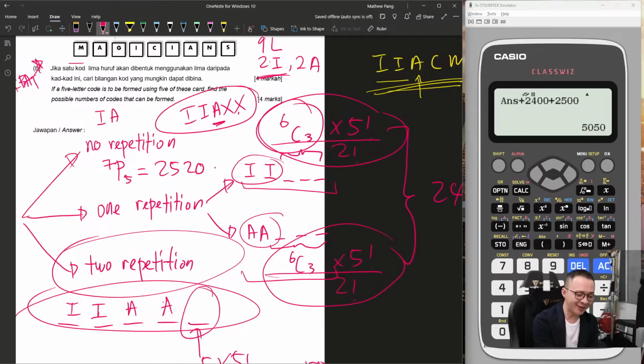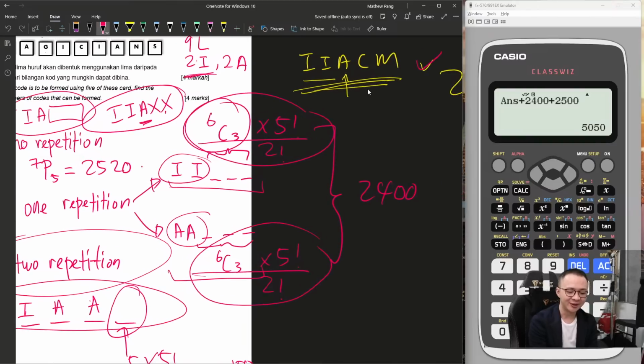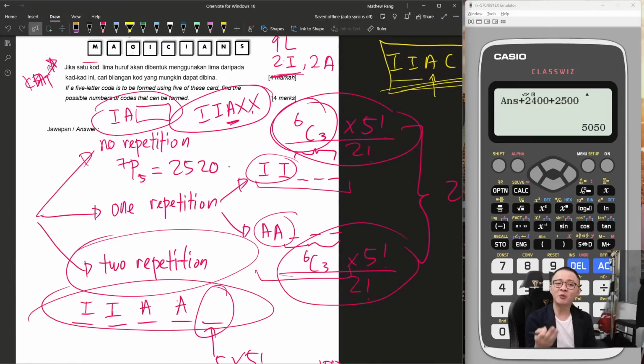So it's not possible for this code to come out here. Now my question is, for example, IIACM, where should this code belong? No repetition, one repetition, or two repetition? Because here we need to include all the possibilities for this 5-letter code.